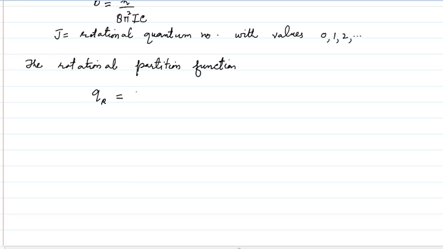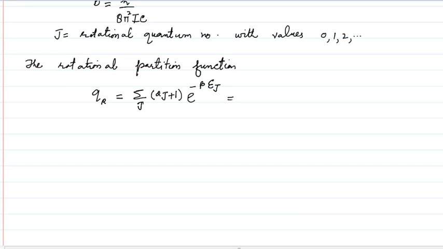It will be equal to the summation over j of the degeneracy, in place of degeneracy we will simply put the value 2j plus 1, because we already know this degeneracy is equal to, for this case, 2j plus 1, into e raised to the power minus beta, which is having the value of 1 upon kT, times the rotational energy.